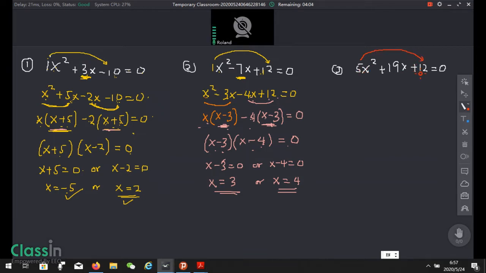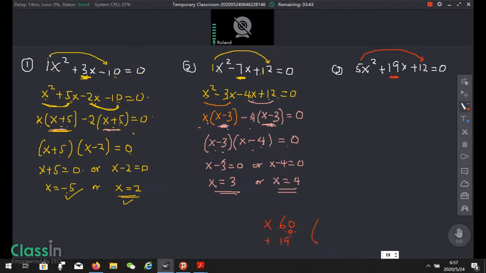So 5 times 12, that will give us 60. So we look for two numbers. When we multiply, we get 60. But when we add, we get the middle term. When we add, we get 19.